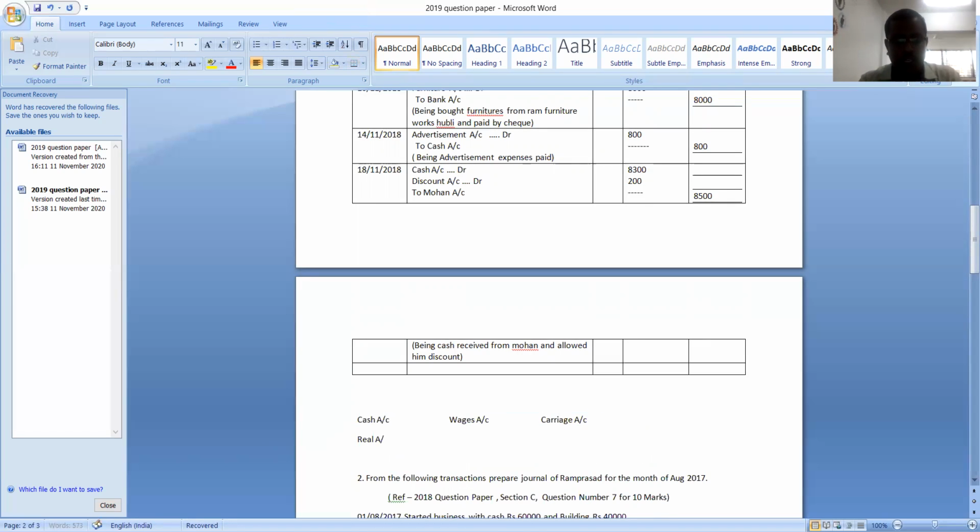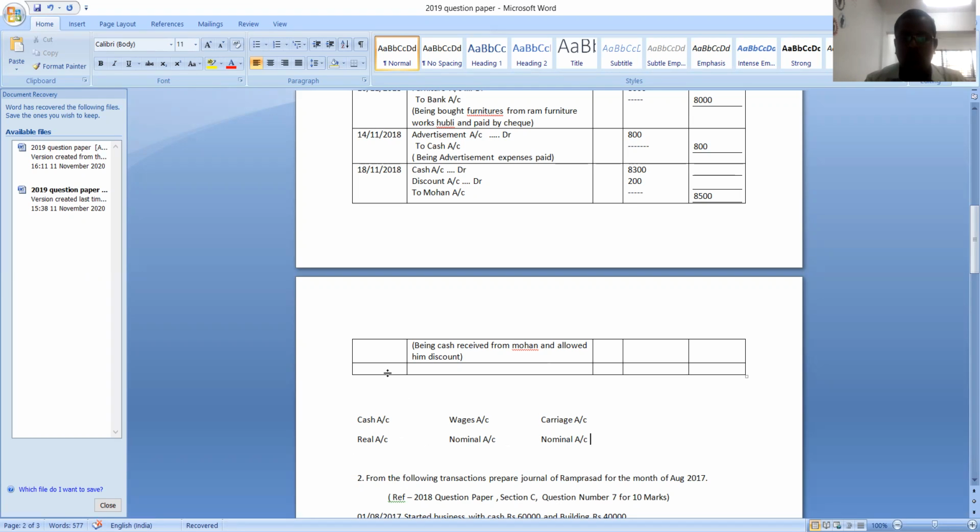It is a real account. Wages account is which account? It is a nominal account, because it is an expense. Carriage account is which account? It is also a nominal account because it is also an expenditure. See here, cash account is a real account because it is an asset. Wages account is a nominal account because it is expenditure. Carriage account is a nominal account because it is also expenditure.